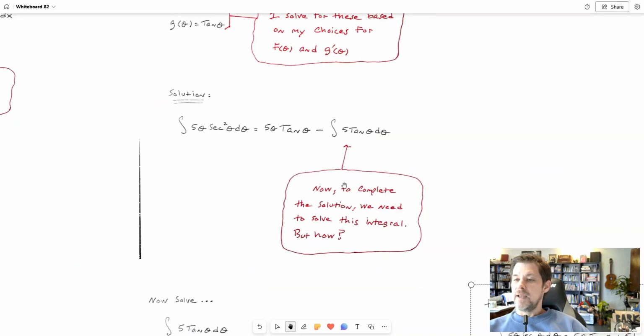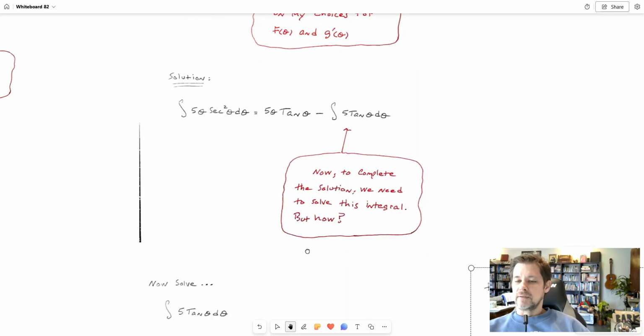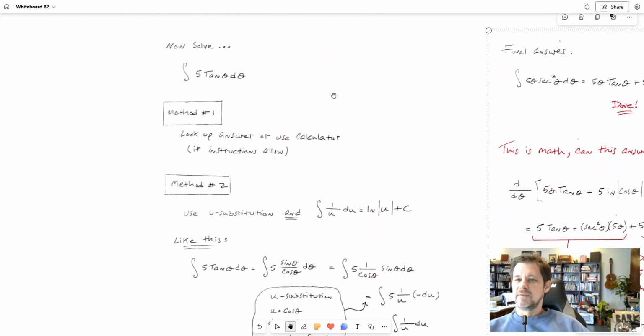Or it might be that I have to use u substitution or something like that. So let's talk about how I would solve this part and what options we have. If we do that, we'll have our answer. The only thing keeping us from our final answer to that initial problem is solving this. So let's see. How would you solve the indefinite integral of 5 tangent theta d theta?